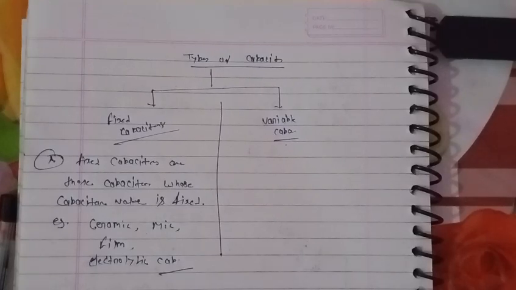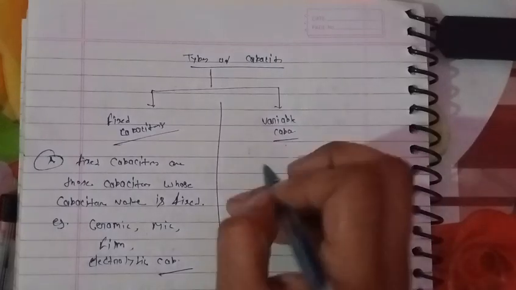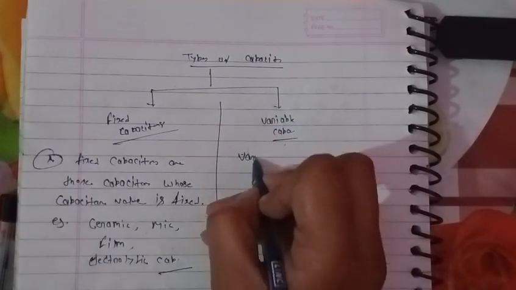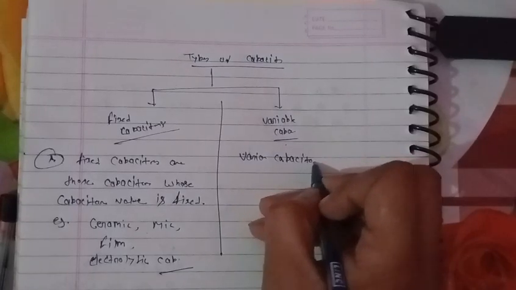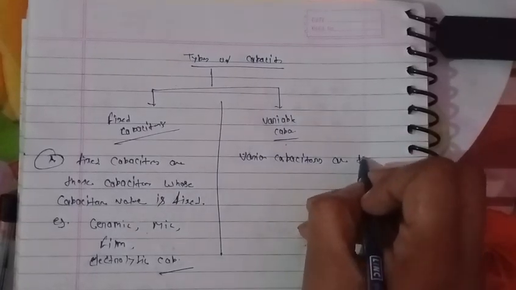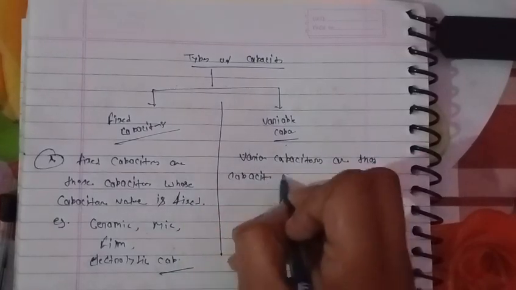Now we will discuss about the variable capacitor. Variable capacitors are those capacitors whose capacitance value is not fixed.